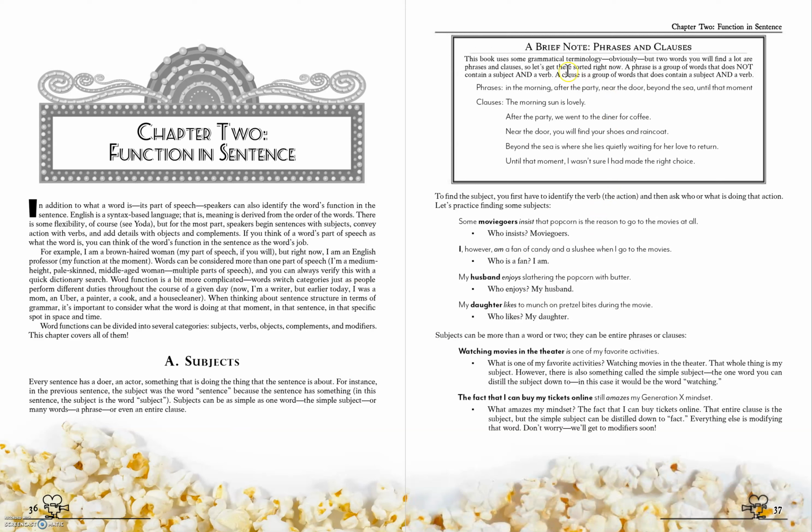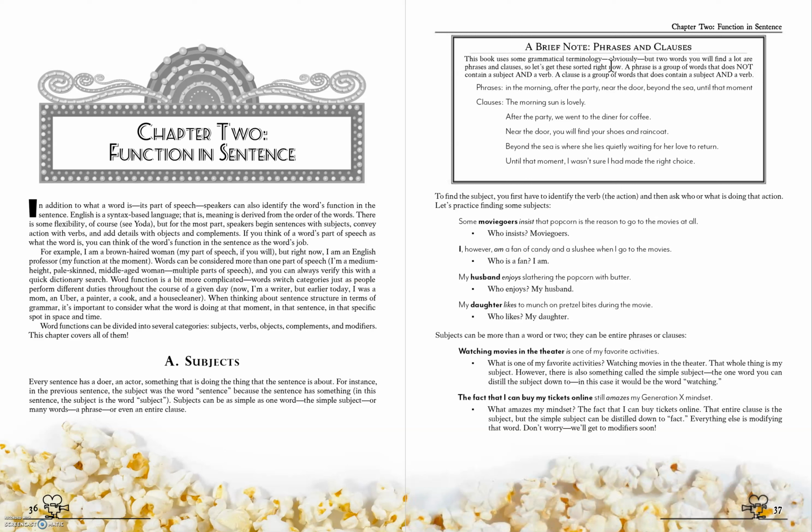Now, before we get started, a brief note about phrases and clauses, because these are two terms that are going to come up again and again. A phrase is a fancy word for when you have more than one word working together in English, but that group of words does not include a subject and a verb. It might have a subject, it might have a verb, but it won't have both behaving as subjects and verbs together. So that's a phrase.